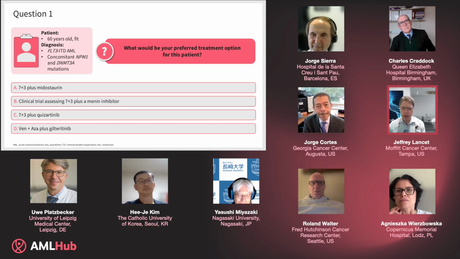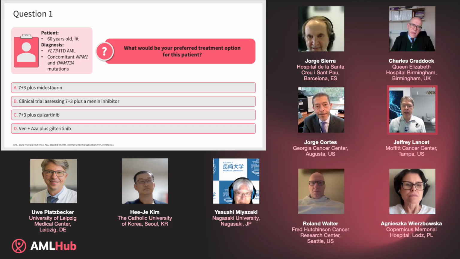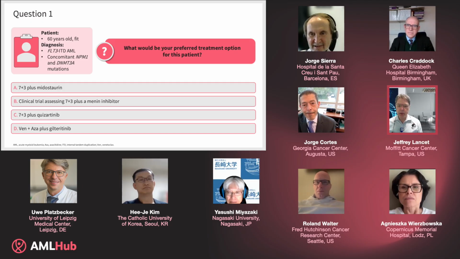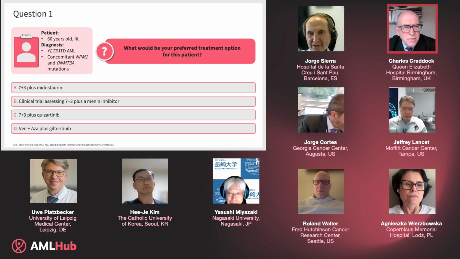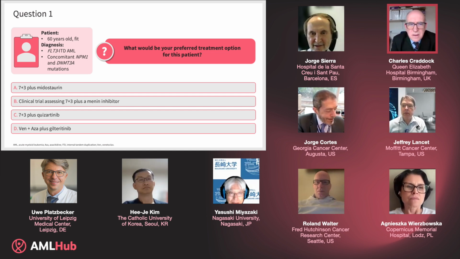I think that the patients were up to age 75, and I think a third of them were over age 65 in the study. So I think the fact that that patient population was better represented than in really any other study in terms of age makes me more of a proponent of the quizartinib approach, especially in the older fit patients. Yeah. Any other comments, colleagues?